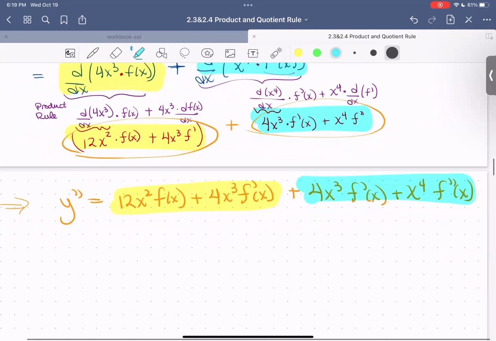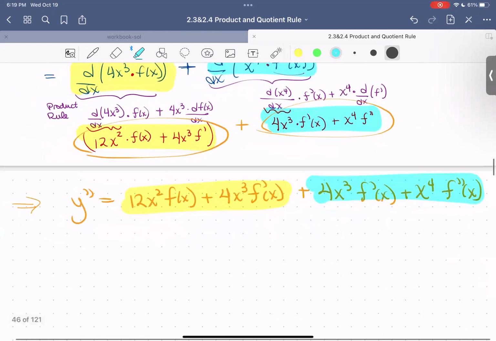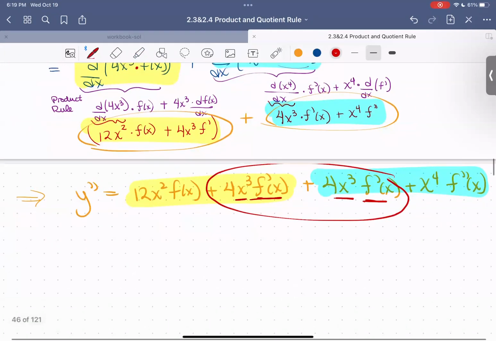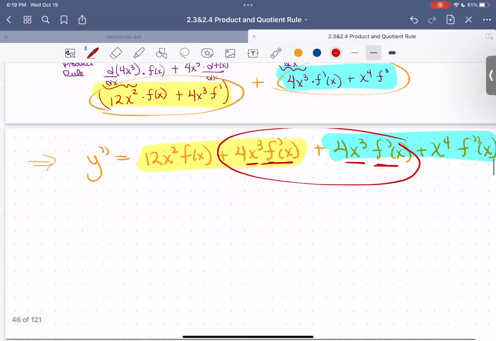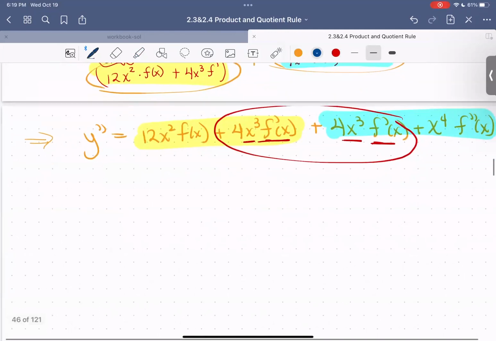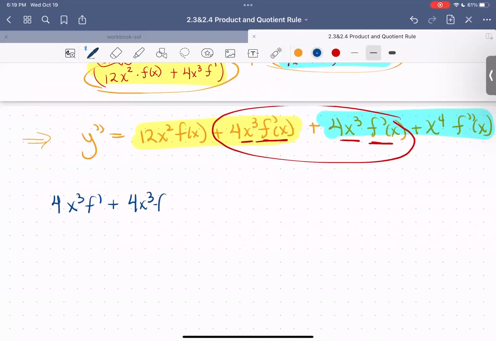All right, so we can ask if we can combine any like terms. So one thing we notice is that we have a common x cubed term, and this x cubed term also has an f prime. So we can actually combine these two terms. And just for a little bit of detail here, we have 4x cubed f prime plus 4x cubed f prime. So we can factor out the x cubed from each term.